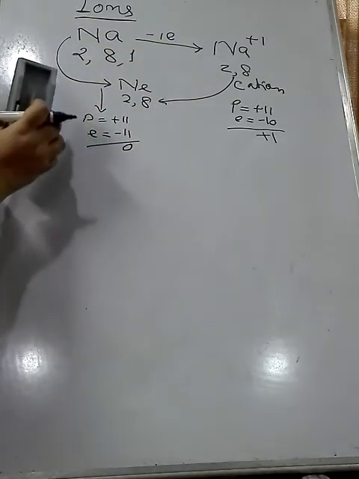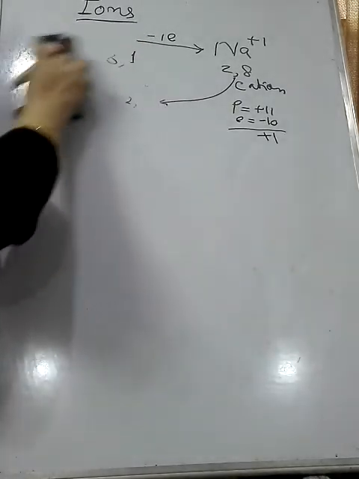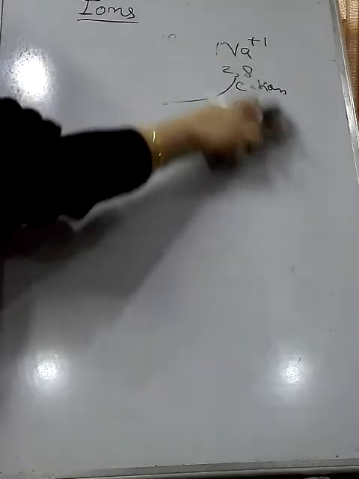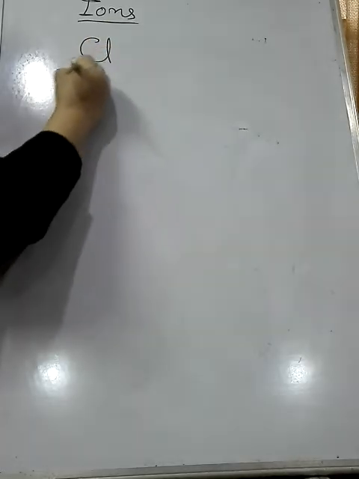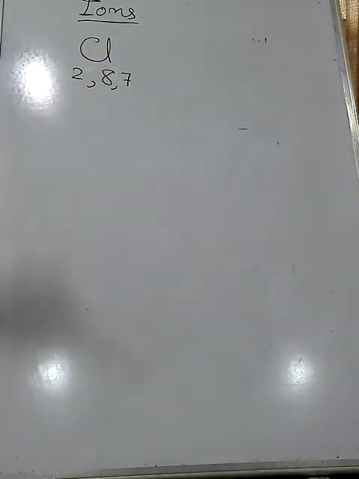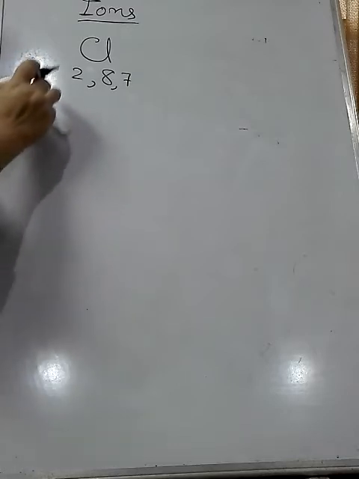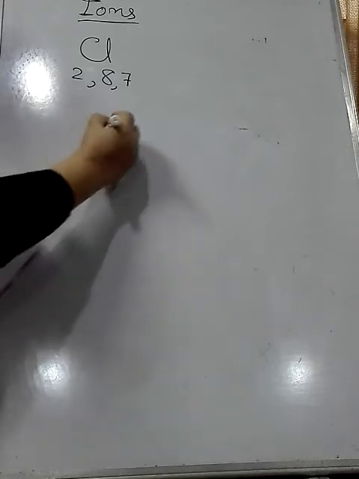Now I am taking the example of a non-metal. Suppose chlorine. This is the configuration of chlorine, 2,8,7. This is not a stable configuration. Chlorine wants to attain the configuration of the nearest inert gas, that is argon.